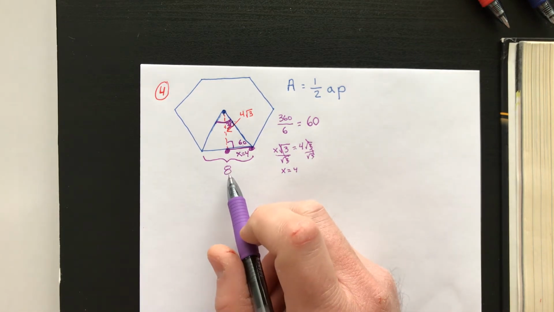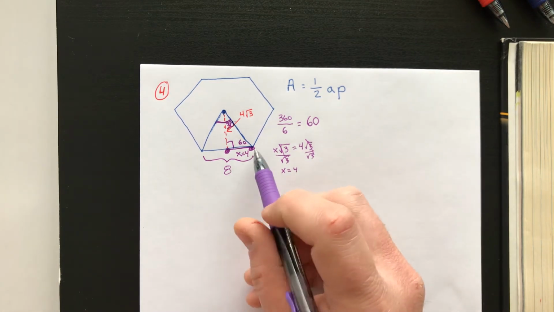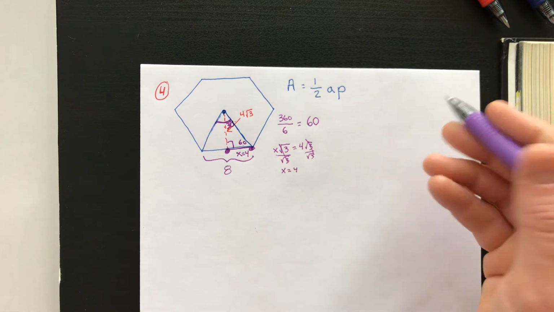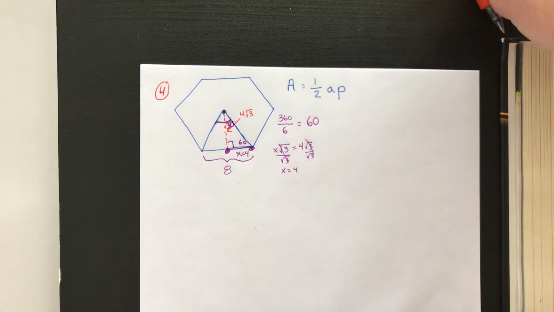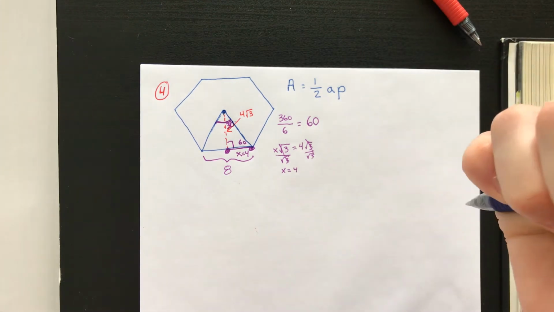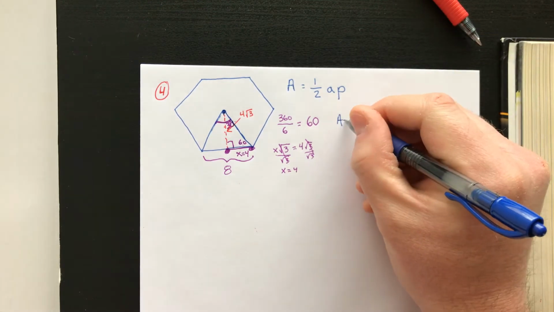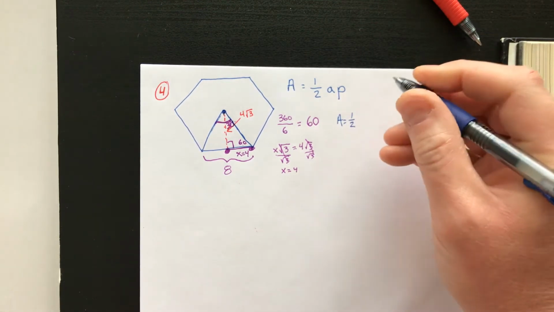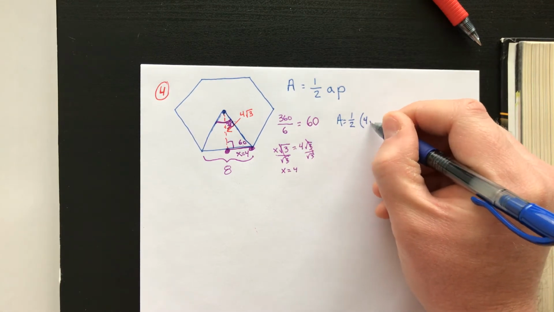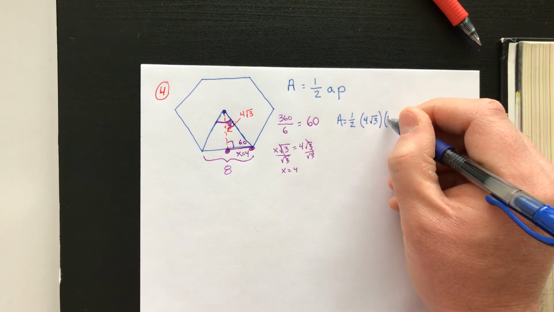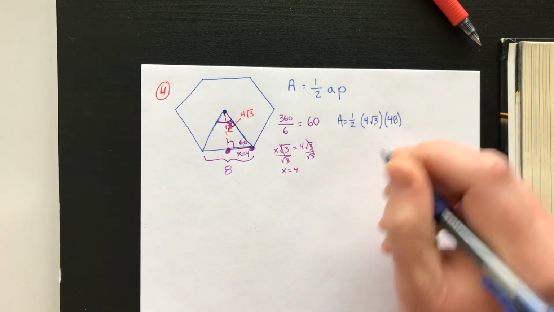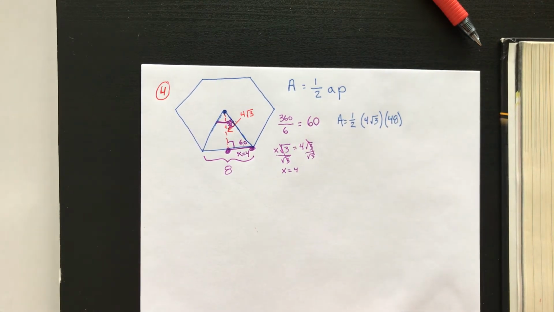So I now can figure out my perimeter. My perimeter is 8 times how many sides? 6 sides. So when I'm doing this problem, area is equal to 1/2 my apothem, which is 4 root 3, and my perimeter, which is 8 times 6, or 48.